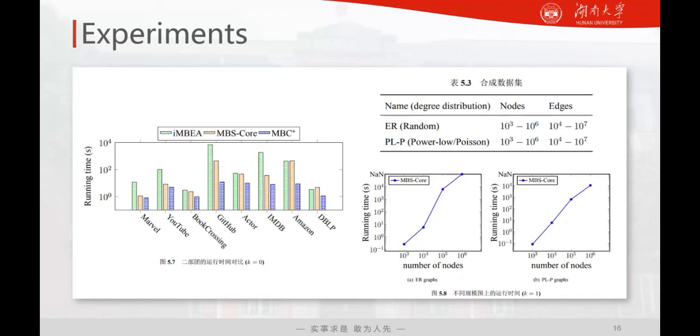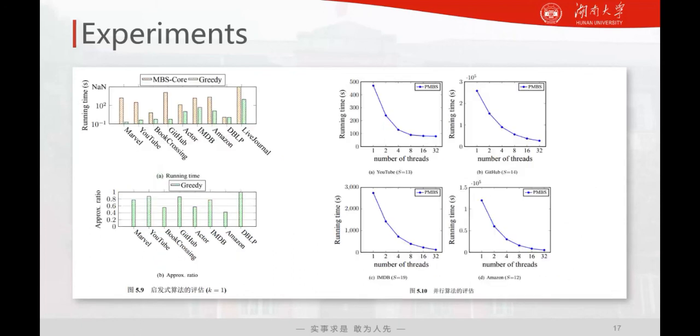Then we evaluate the heuristic algorithm, which is 2 to 3 orders of magnitude faster than the exact algorithm. Although there is no theoretical accuracy guarantee, its actual approximation ratio is more than 0.4.